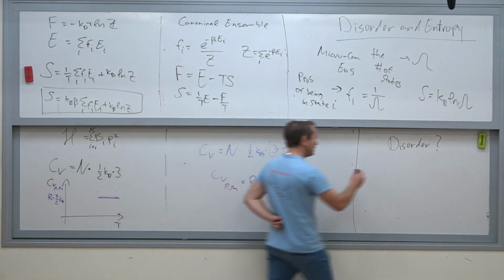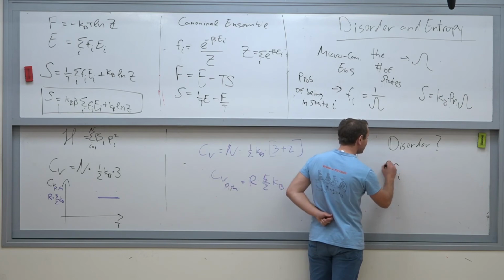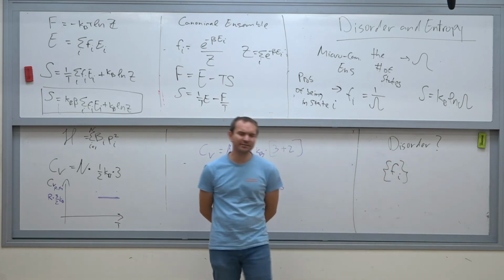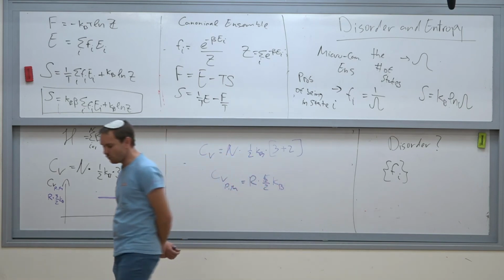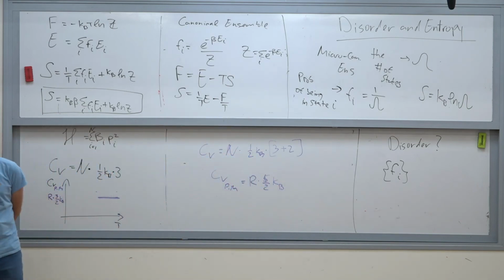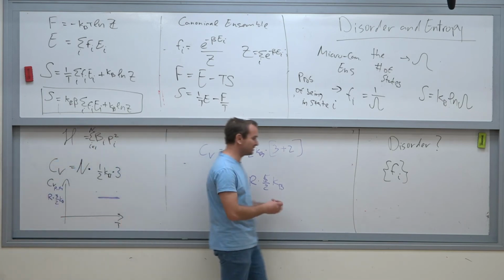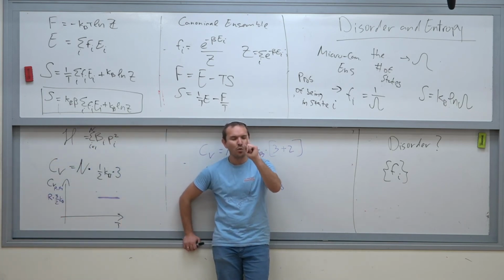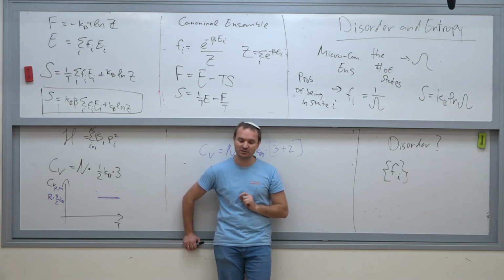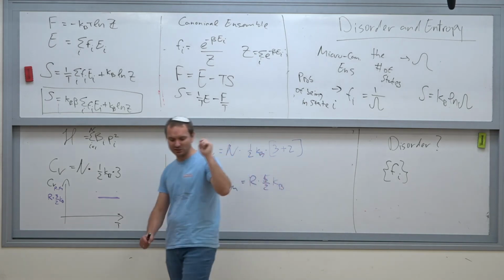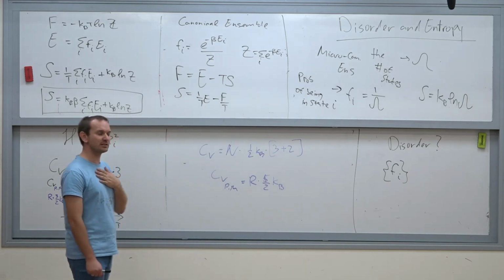When we talk about order and disorder, we talk about the different distributions of the Fi's. So what is an ordered state? Well, the ordered state for us would be that the system sits in exactly one state and has zero probability of being everywhere else. It doesn't matter how the system looks, but this delta function probability of being in one specific situation is an ordered state for us.